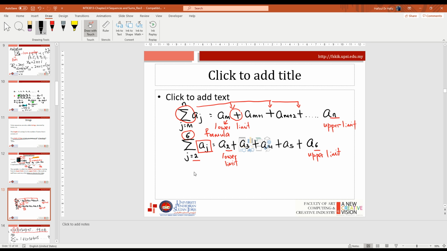For example, if you have 6, j is 2, and then we have a typical element a_j, and we start from the lower limit, a2, a3, until a6, and we combine this summation in total.